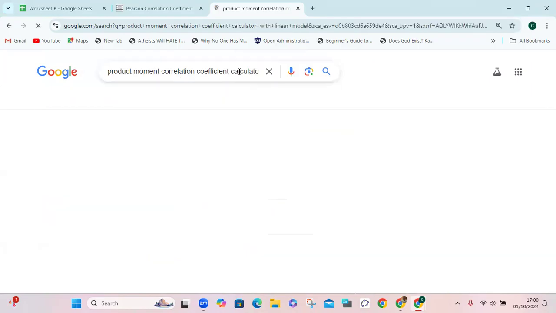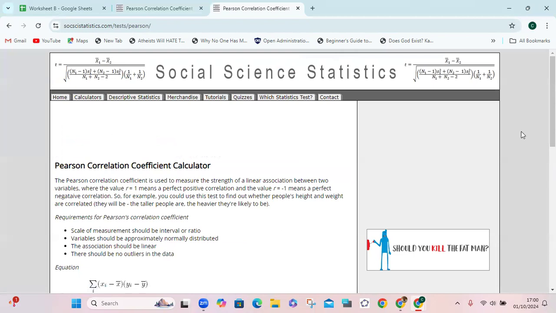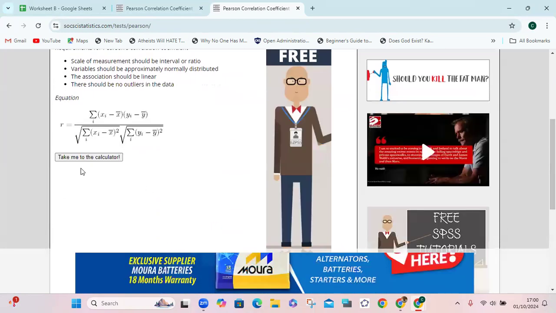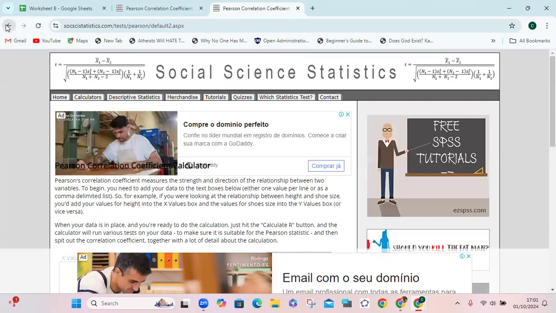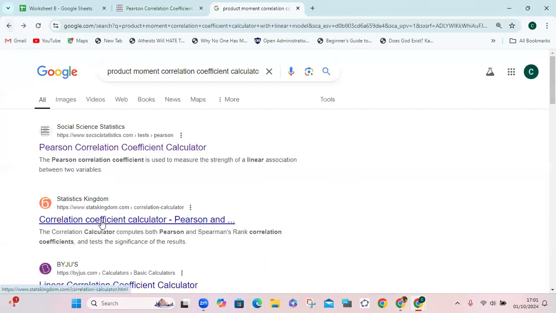Model is another word for equation. Okay, I think we can use Pearson correlation coefficient calculator. Take me to calculator. This one, we used this one a while ago. It does not have the least squares. Let's use another one.